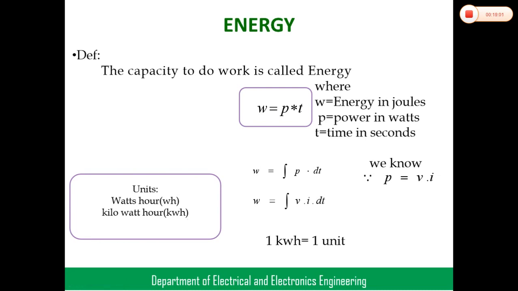The energy consumed by the consumer is usually measured by the energy meter, which we already know all households have. One unit of energy is one kilowatt hour. That is the meaning of one unit. So this is about energy.